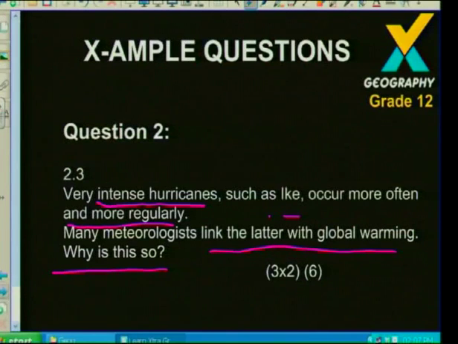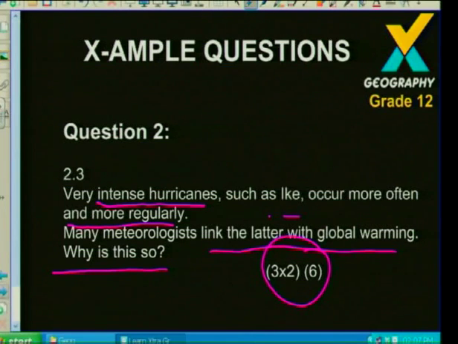And I purposely left these things because sometimes you could give a question in a test and then phrase it differently, and learners sometimes have a problem. It's actually the same sort of answers, just that in the last one it was a paragraph question of 12 marks. Here it is just talking about it as 3 points. 3 times 2, 6.